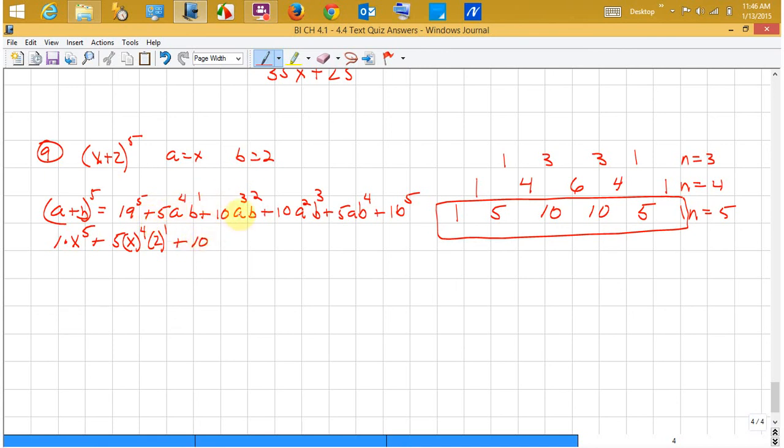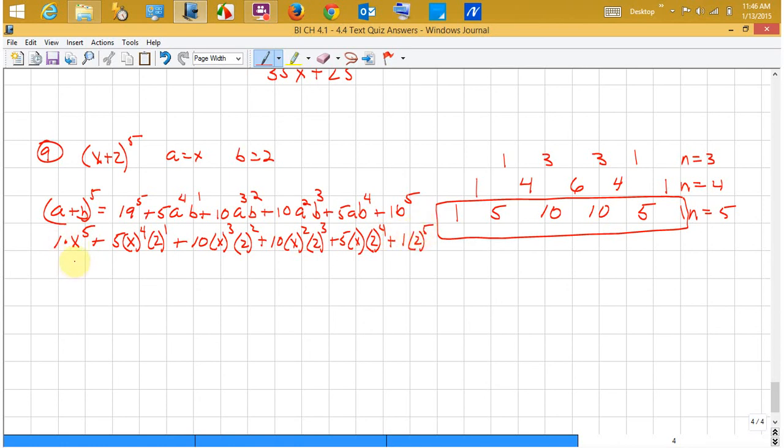Plus 10 times a cubed, so that would be x cubed, and the b is squared, plus 10 times a squared, a is x, b is 2. Okay, now moving to plus 5 times the a term, and b, which is 2 to the 4th, and lastly I have plus 1 times b, which is 2 to the 5th.